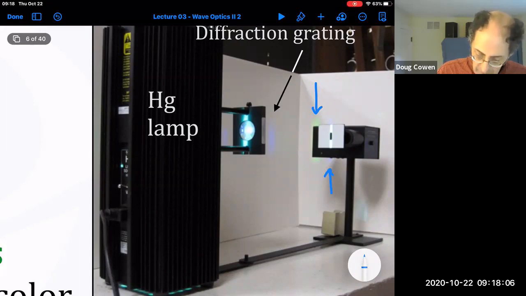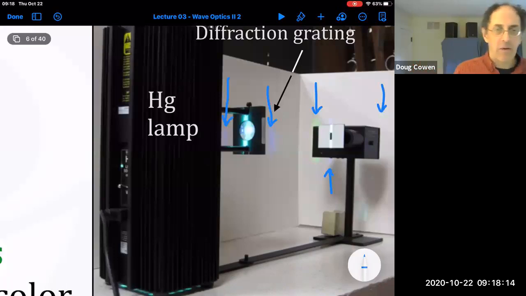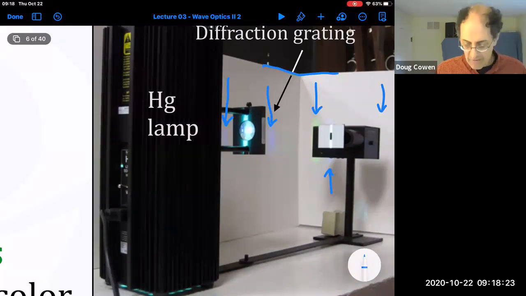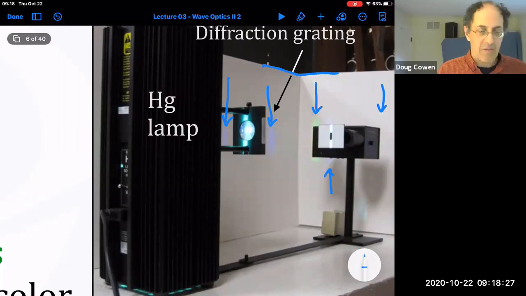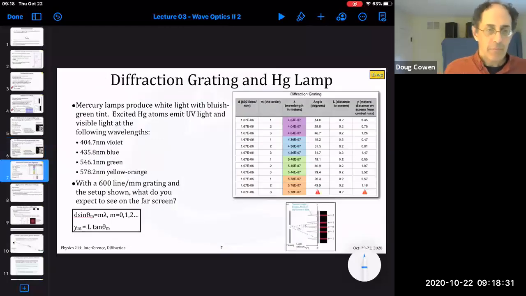And if you look really carefully, you can see some other bands over here, and there's even one over there and over there, which is at some larger angle. So these are at 90 degrees here. So the light is getting bent over and detected by that adjacent screen. But you can see that there are a variety of bands in each set. And in fact, what we can do is calculate where we expect those bands to be.